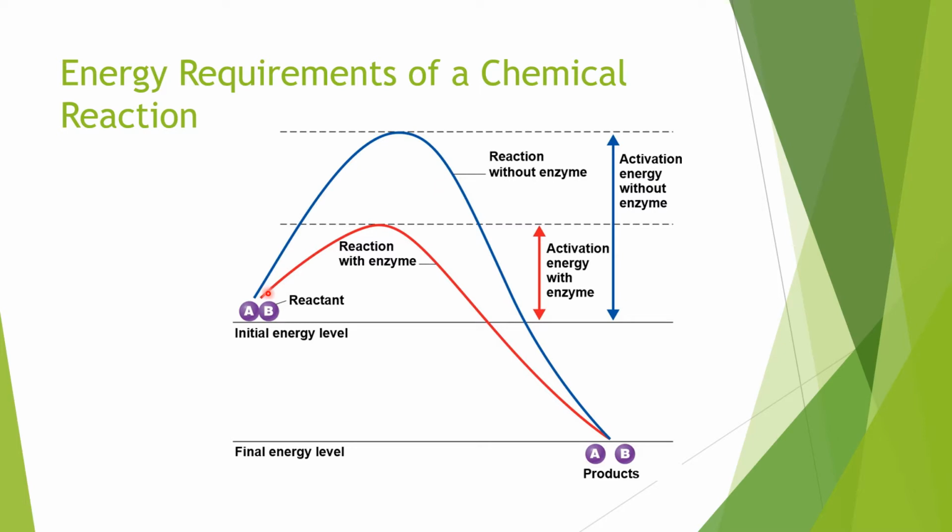Once enzymes are added, the activation energy is going to be lowered. And so the reactants are going to be able to give off the products in less time because you've lowered that activation energy. It's basically less of a hurdle now for those reactants to pass and get over to the other side.